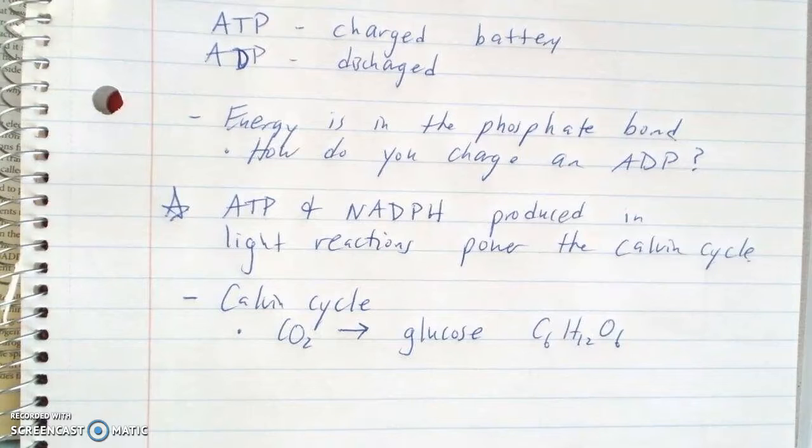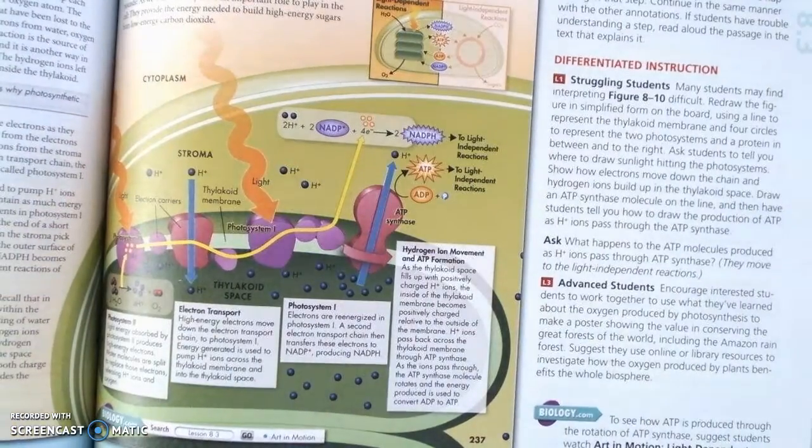But that process requires a lot of energy. So we take the energy carrying molecules that we got from the light reactions and use them to construct glucose. Then those energy carrying molecules, ATP and NADPH, go back to the light reactions and get recharged. So let's take a look at the light reactions here.